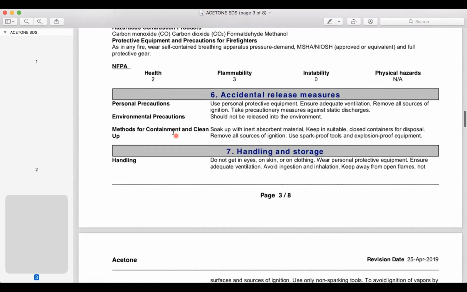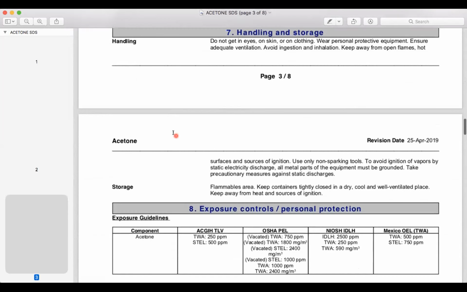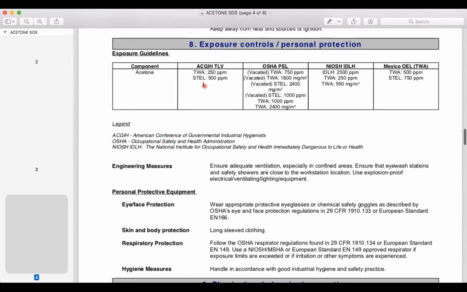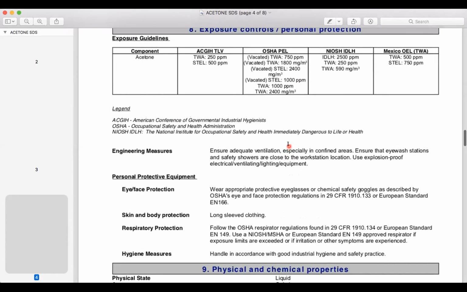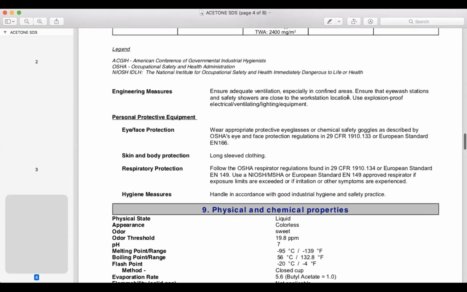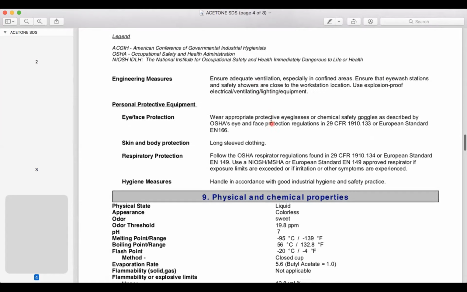So we have a lot of information: accidental, handling, exposure controls. So again, we have our TLV values, our OSHA values, as well as other sort of metrics, both in terms of long-term and short-term exposure limits. Engineering measures, so again, eye wash stations and good ventilations being the biggest thing.